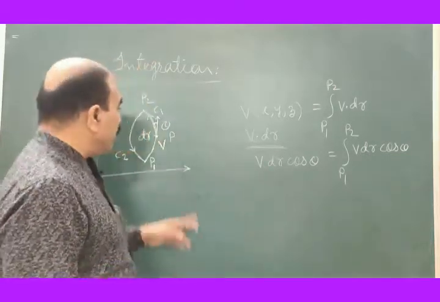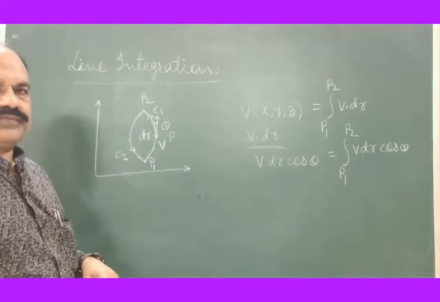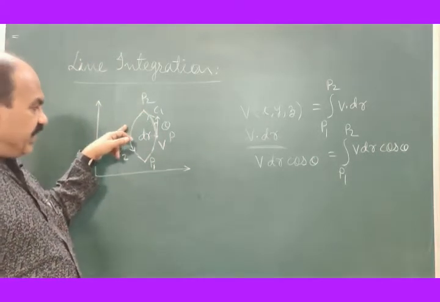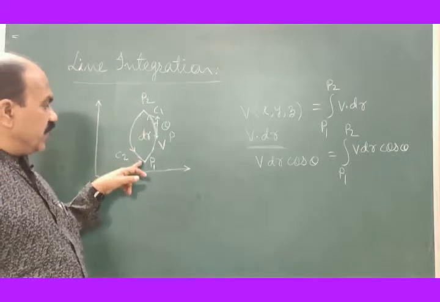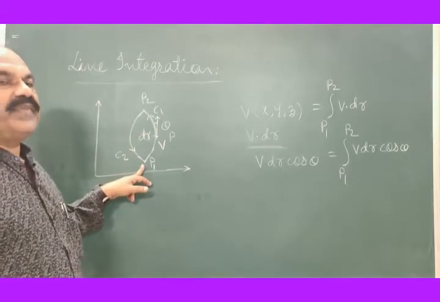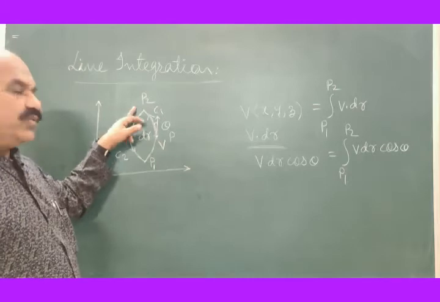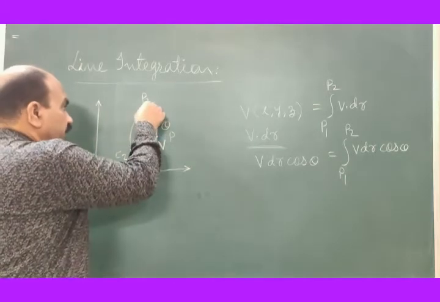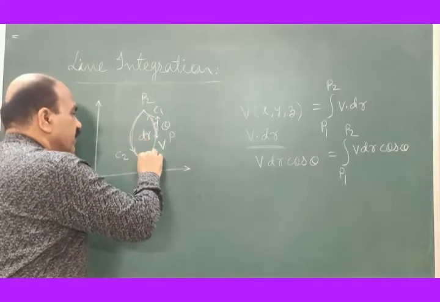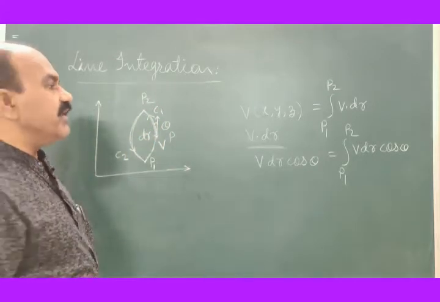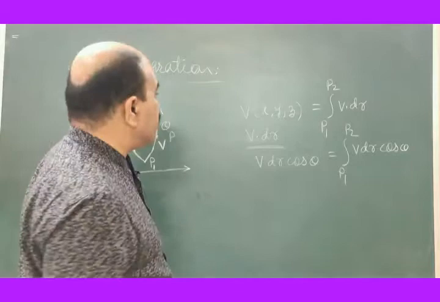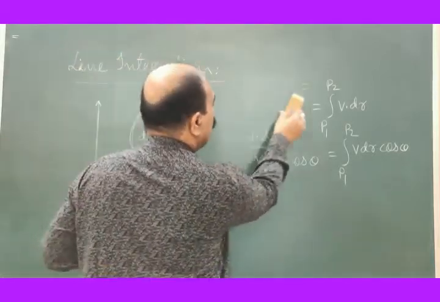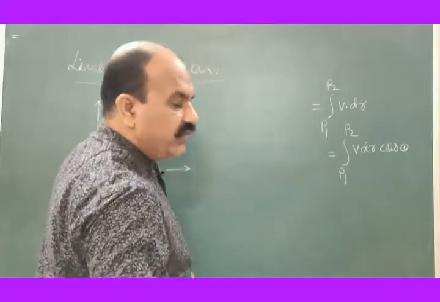Now, we have one more curve. What is the other curve? It starts from P2 and ends at P1. Now, if you take line integration from P2 to P1, then the line integration of vector point function V from P2 to P1 will be this.